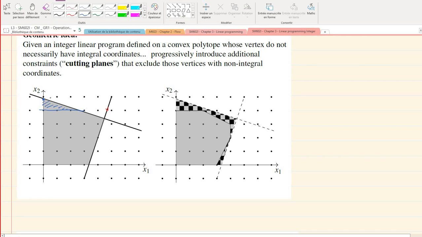Okay, any questions? Sorry? Yes. I think I missed the bit where you explained it. Could you re-clarify what the non-integral coordinates are? The non-integer coordinates? Yeah.